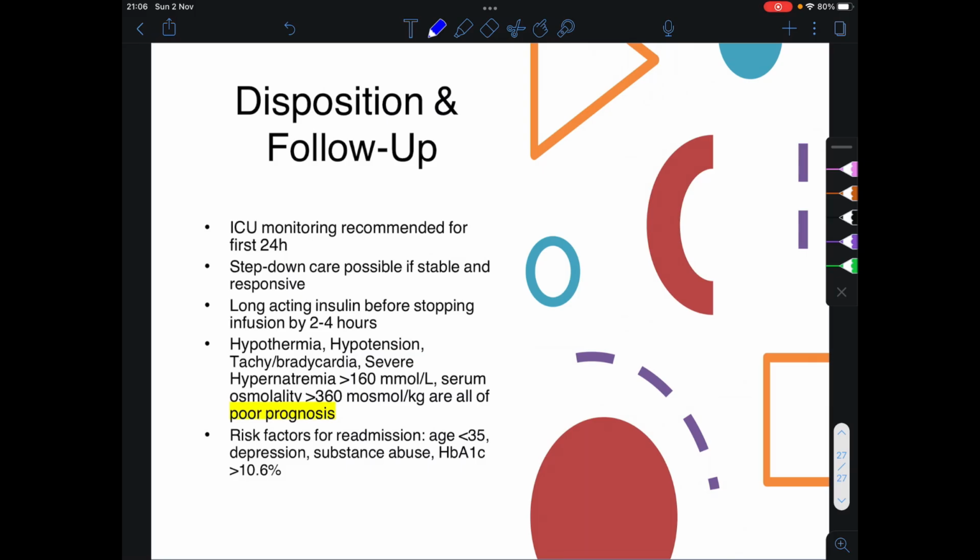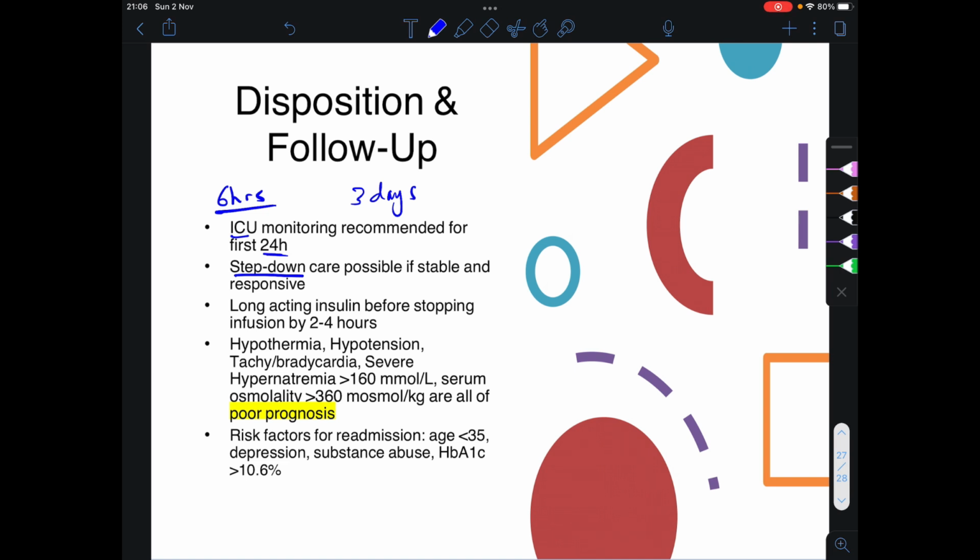Now, again, after the 6-hour period, it's more likely that you're going to refer the patient to the ICU, so they continue the monitoring for 24 hours until 3 days, for example, until the electrolytes are all balanced and the patient's condition is better. Then you start step down care.